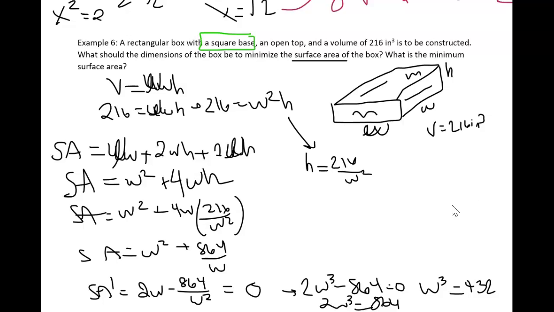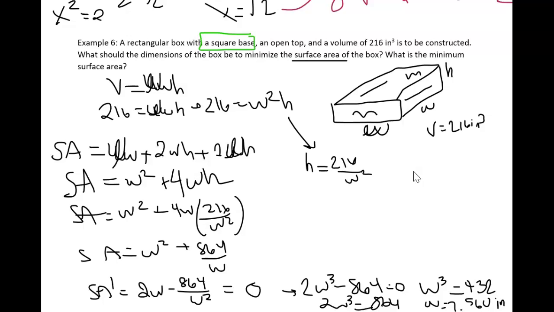Yep, it's not. So we know that the width is 7.5595. So I'm going to go ahead and round that to 7.56 inches. And then I always like to check my answers because I do have a lot of information here.